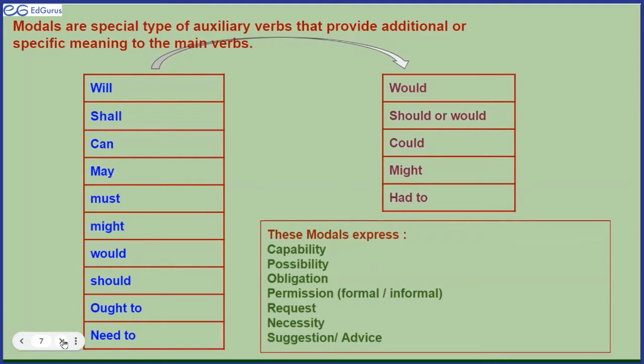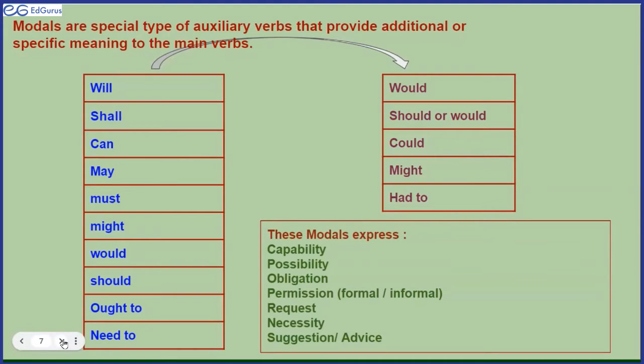But when I say, you should close the window, you see that the meaning is different. Why? When I say, you should close the window, I am reminding you of your duty. Perhaps I am reminding you of your responsibility. Perhaps I expect you to oblige me by closing the door. Right?